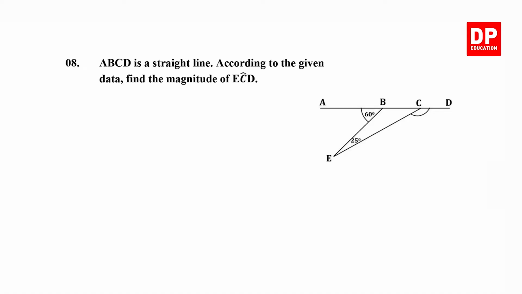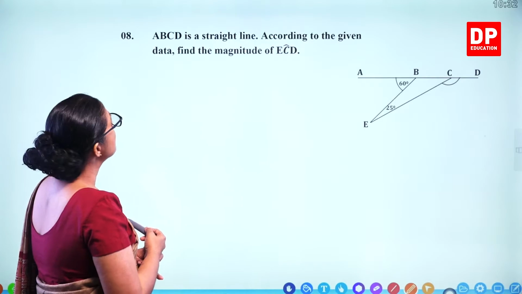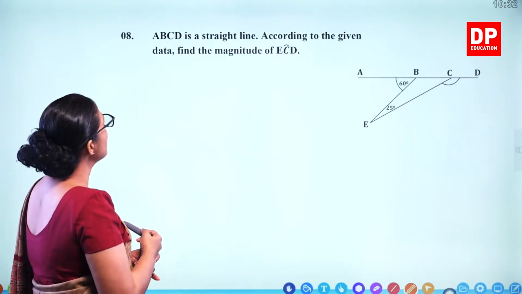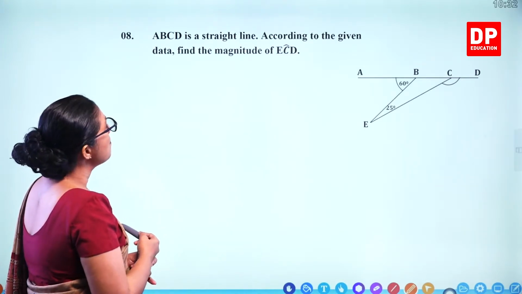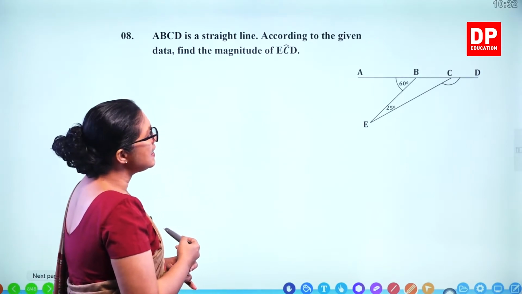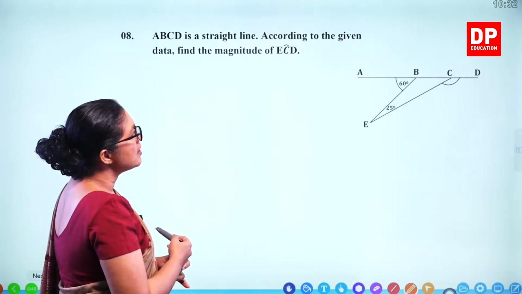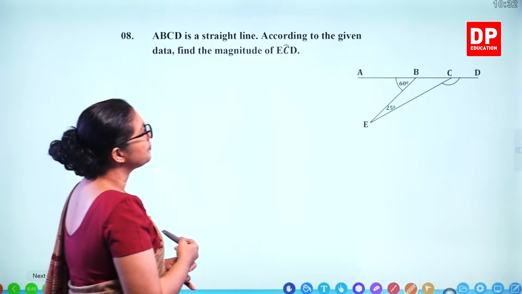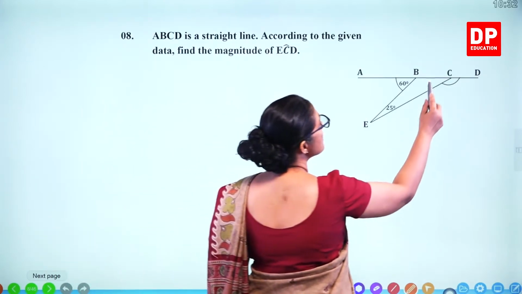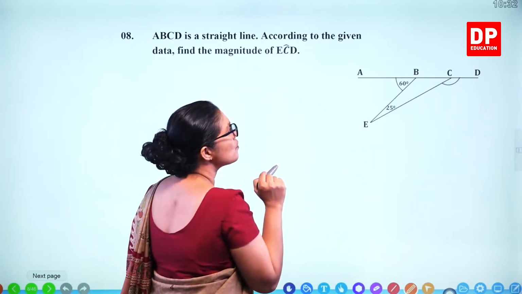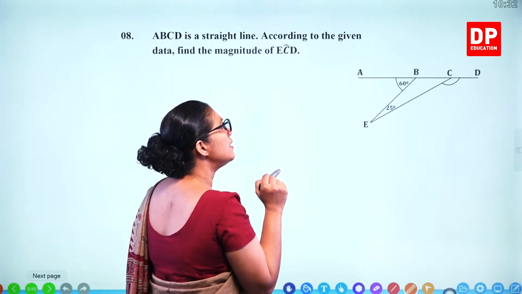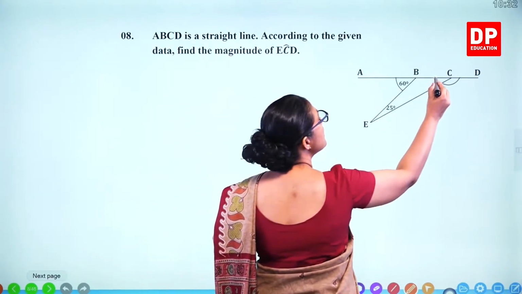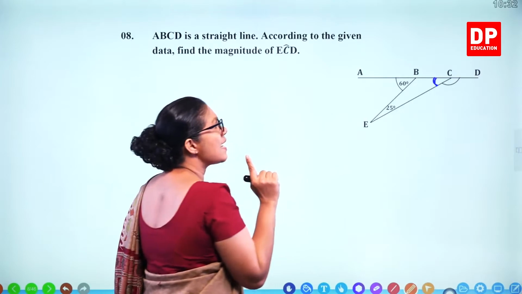Question number 8. ABCD is a straight line. According to the given data, find the magnitude of ECD. This angle. So how can you find out that angle? We can easily find out this angle. 60 is the exterior angle.